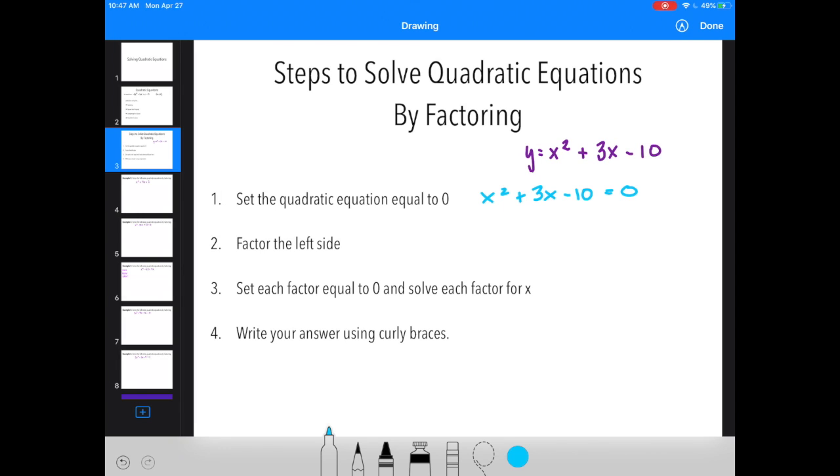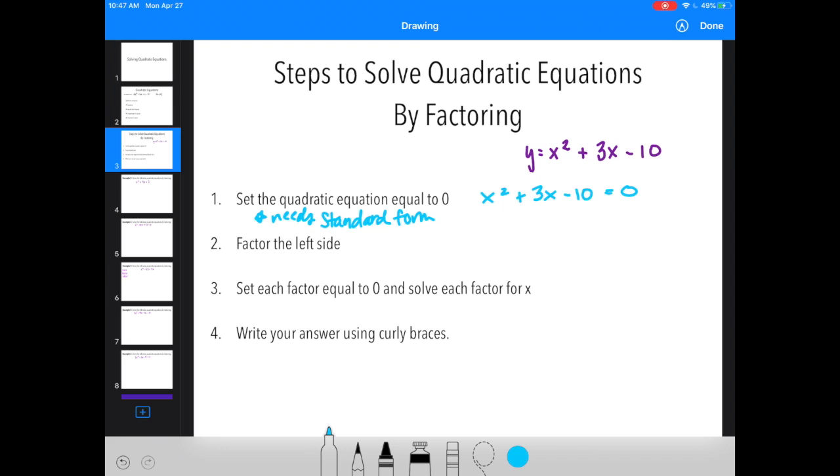You're always going to set it equal to 0. Then you are going to factor all of your stuff that's on the left side. One thing I want to note is for you to set it equal to 0, it needs to be in standard form. So if it's not in standard form, you got to rearrange, so all of your terms are on the left side, and you set it equal to 0.